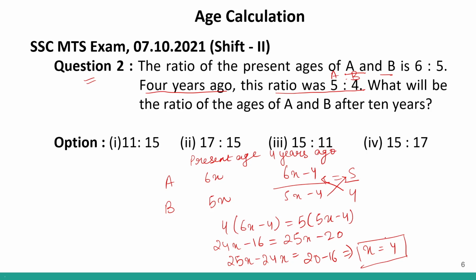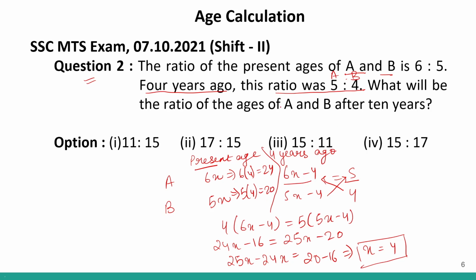Now, if I know the value of x, can I find the present age of A and B? Yes. So, the present age of A will be 6 into 4, that is 24. And for B, it will be 5 into 4, which is 20. Correct? So, the present ages of A and B are 24 and 20.